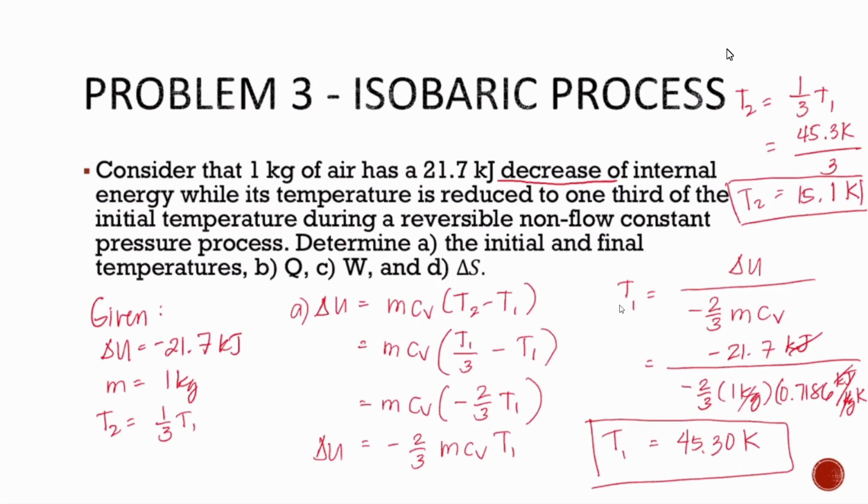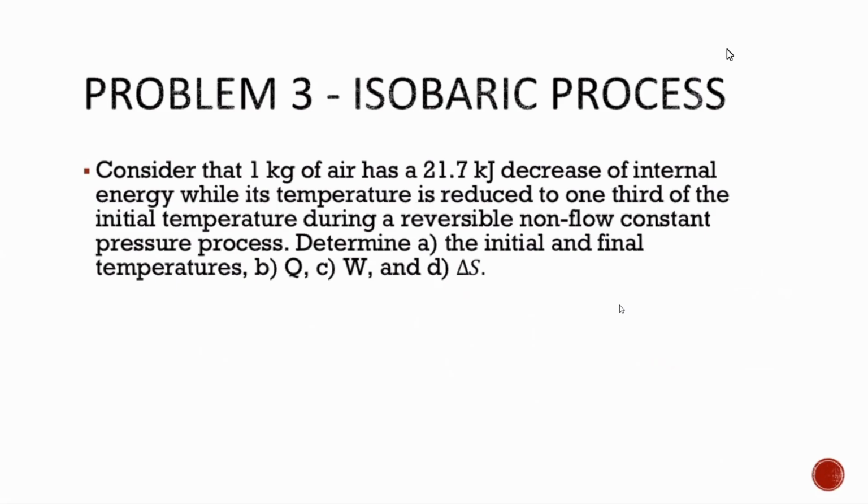Okay, let's have letter B, the heat transferred, or the amount of Q. So what is our formula for this? Letter B is Q, the heat transfer. I'll go straight: we have mass, specific heat of air under constant pressure, T2 minus T1. Our mass is 1 kilogram.